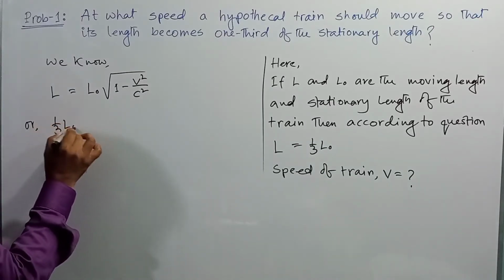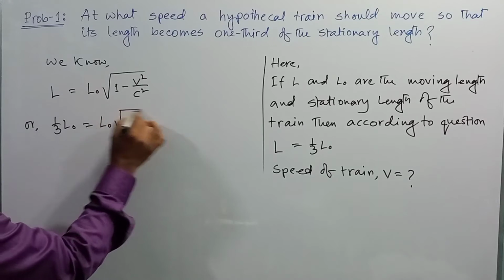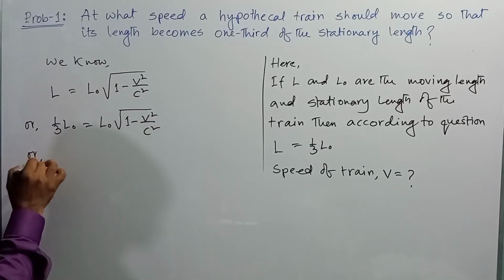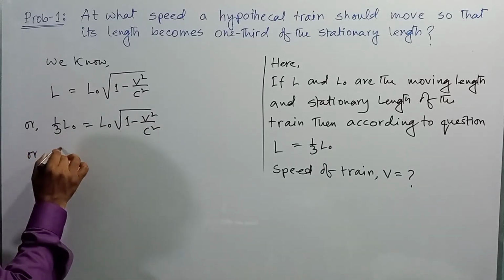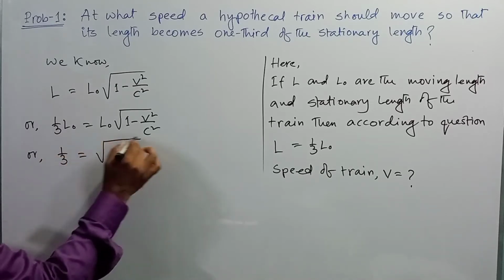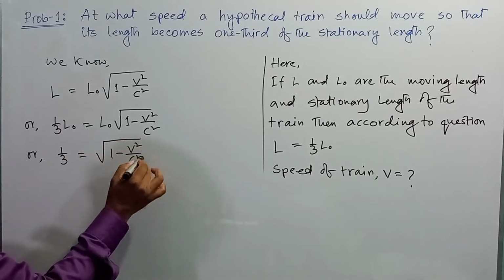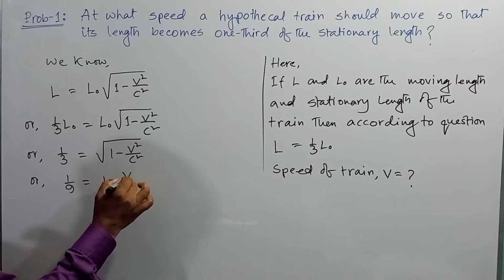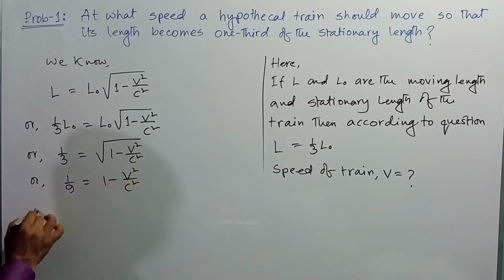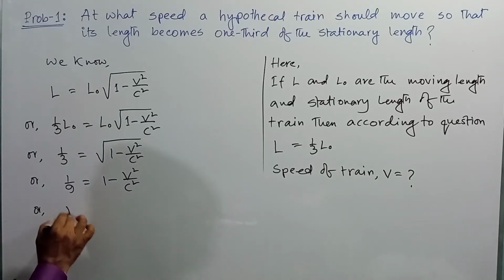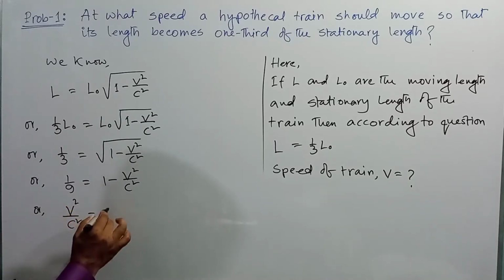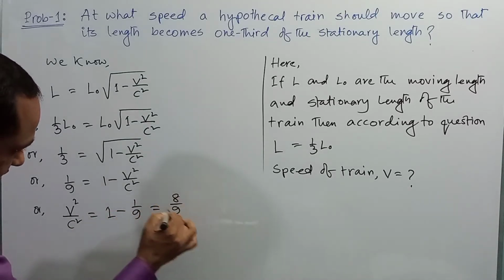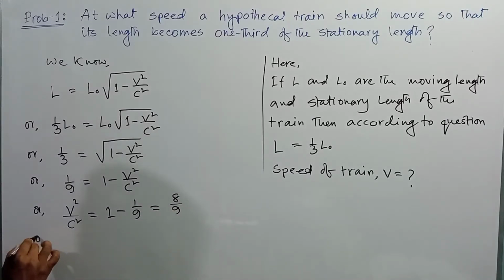So 1 by 3 L naught is equal to L naught multiplied by square root of 1 minus V square by C square. Omitting L naught from both sides, we can write 1 by 3 is equal to square root of 1 minus V square by C square. Squaring both sides, 1 by 9 is equal to 1 minus V square by C square. Rearranging this, V square by C square is equal to 1 minus 1 by 9, or 8 by 9, okay?